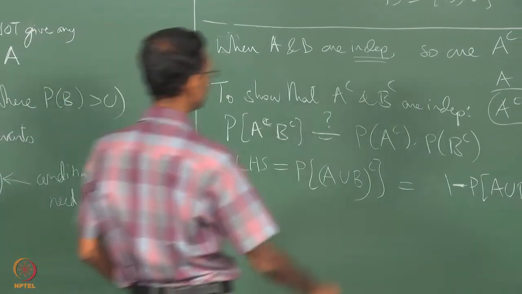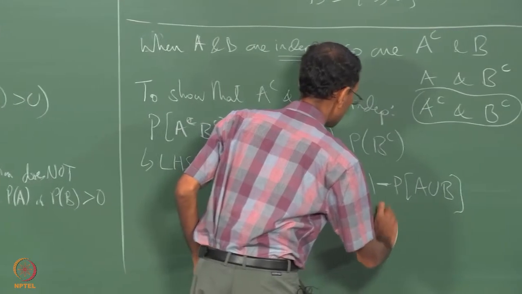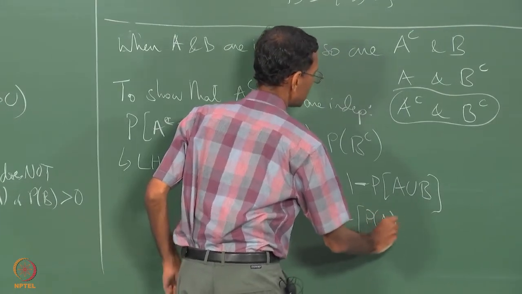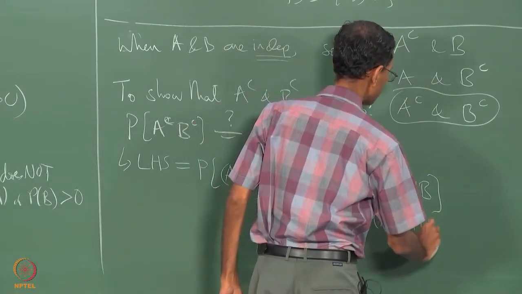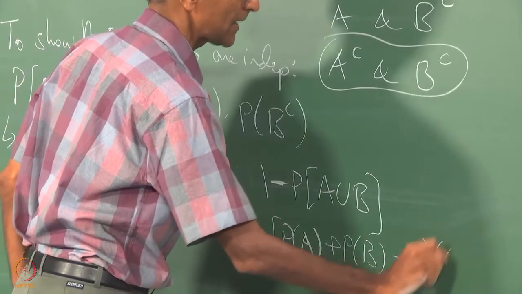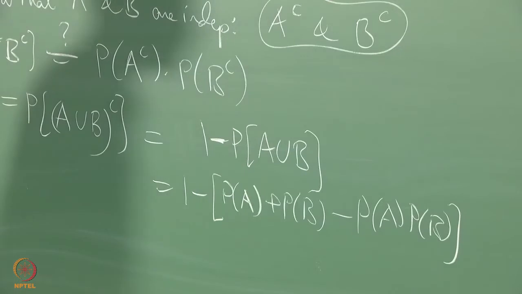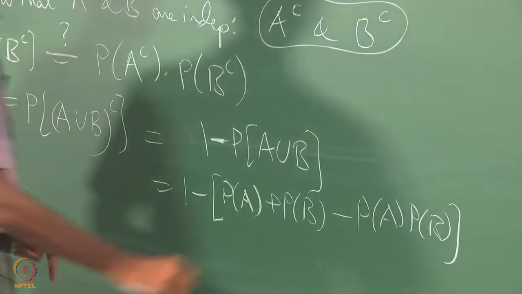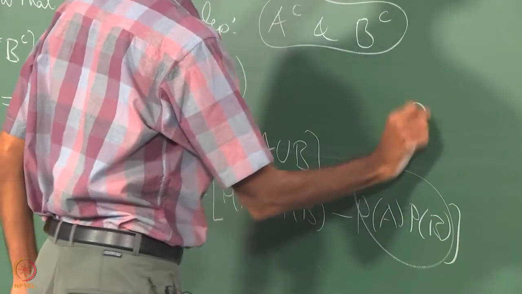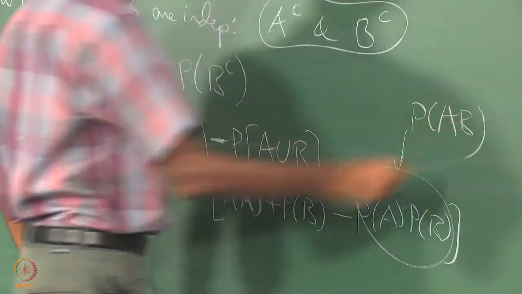So what is P of A union B? It is P of A plus P of B minus P of AB. I will just skip a step and directly write P of A, P of B here, because I know that A and B are independent, so this is P of AB.